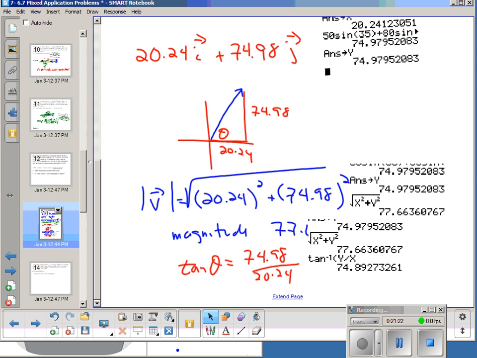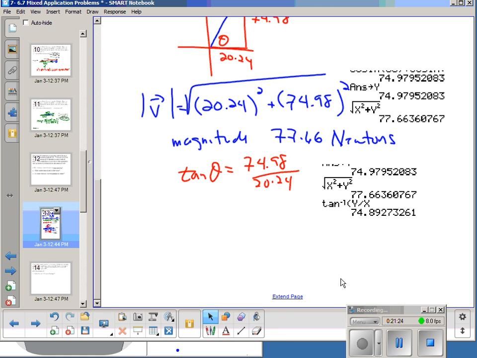Now, you want to be careful with this. In this case, that works out. I look at my picture. Does that angle look like it's 74.89? Yes, it does. So my angle is 74.89 degrees.